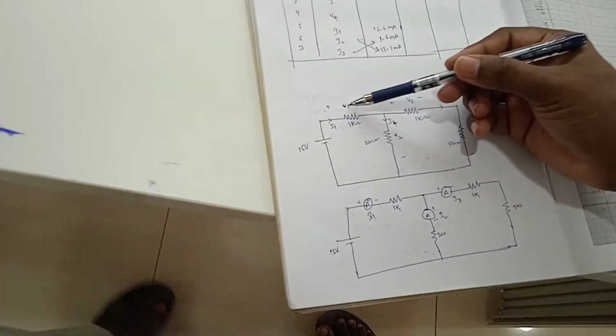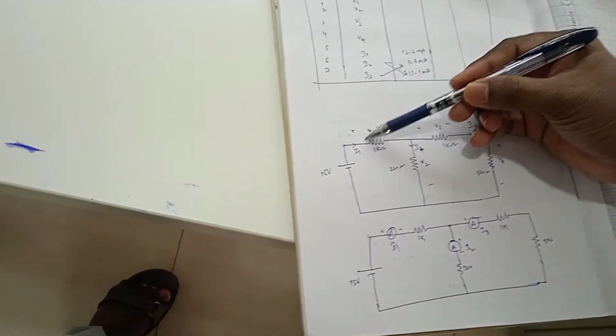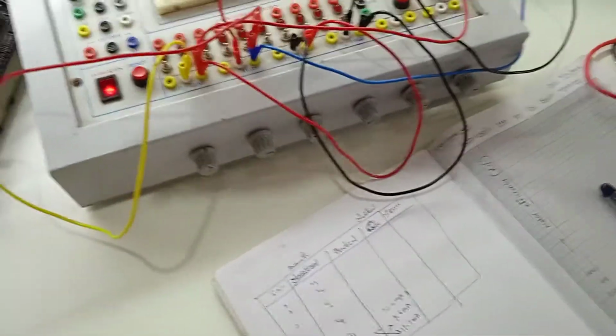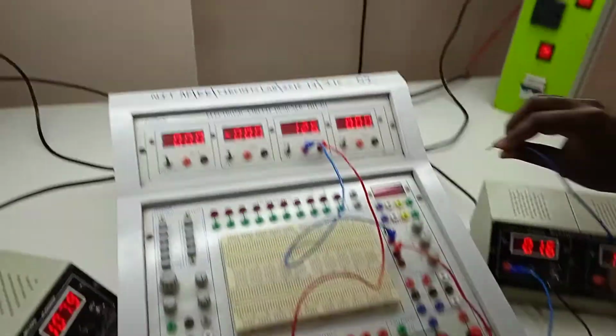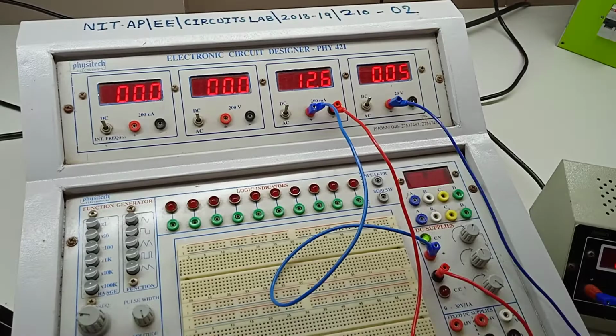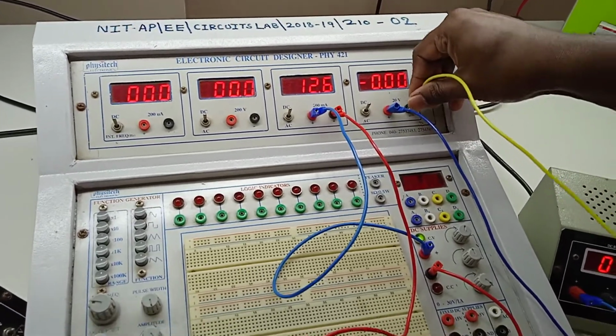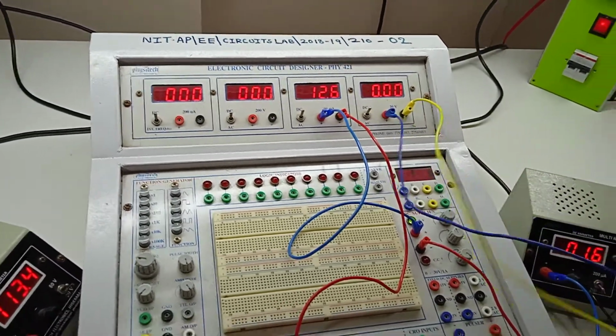Now we have to measure the voltages. So let us measure the voltage across this 1 kilo ohm. This is the voltmeter, I have already told you. Let us connect this voltmeter across the first 1 kilo ohm.